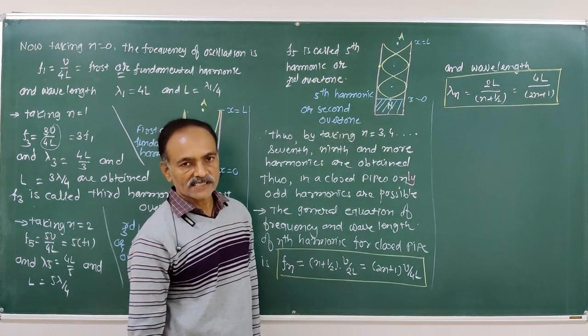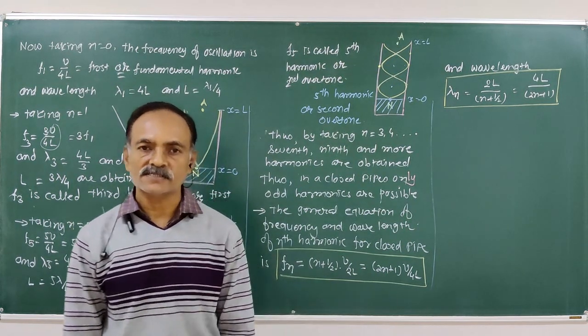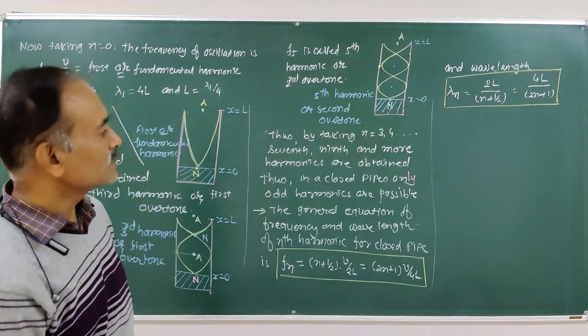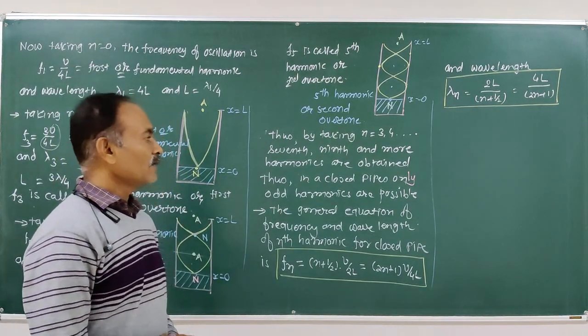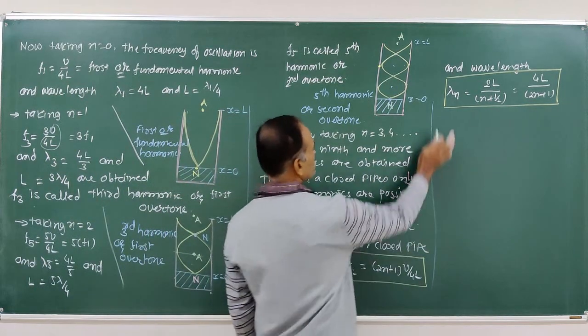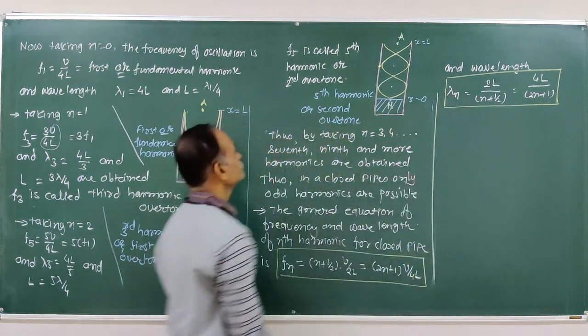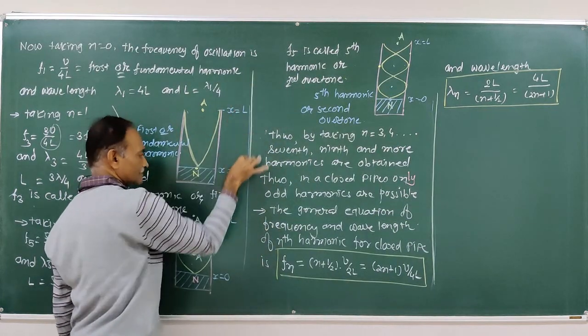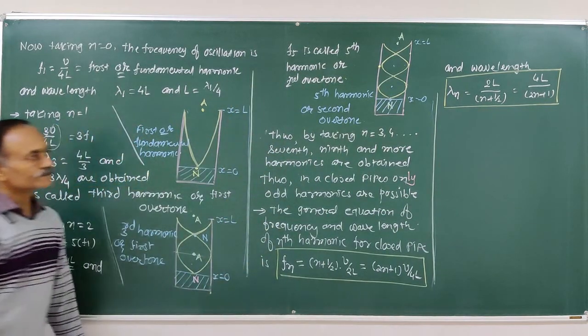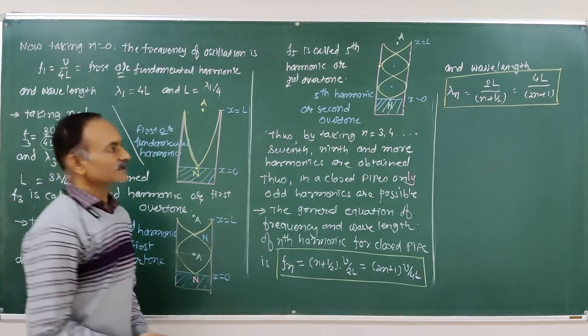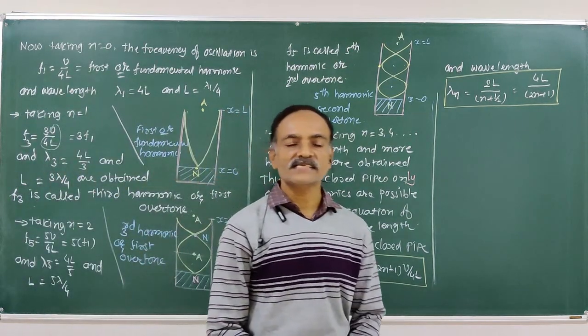Clear this? So these are the stationary waves and only the odd harmonics are possible in a closed pipe. Clear this? Okay. After that, we are going to discuss the harmonics or the stationary waves in an open pipe.